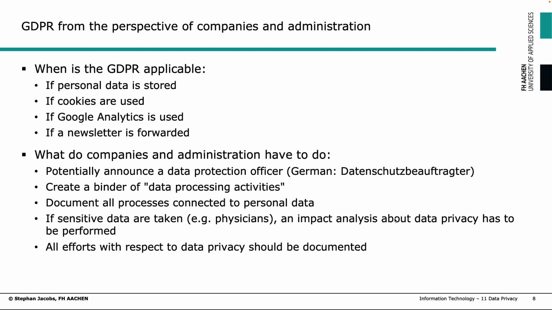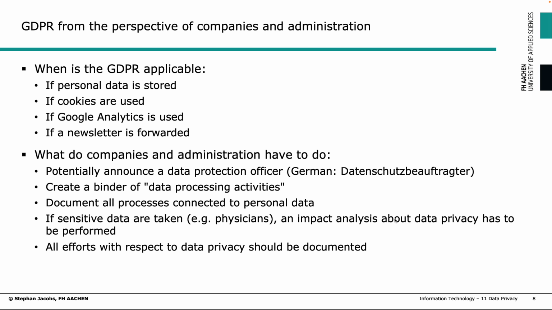So if you use cookies, you have to follow the GDPR rules. If you use Google Analytics, the same issue pops up. If you send a newsletter to customers, then you have addresses or emails, and then we're talking about personal data. So GDPR is an issue here.